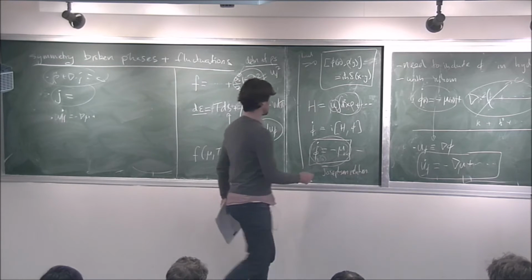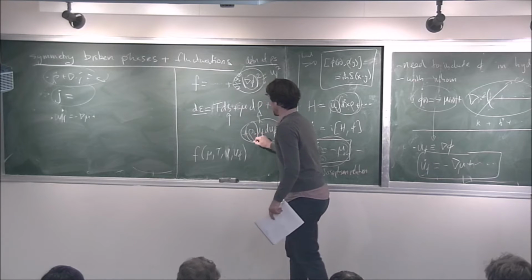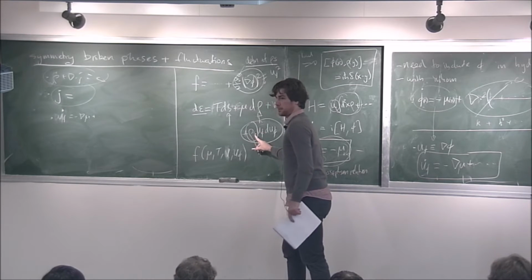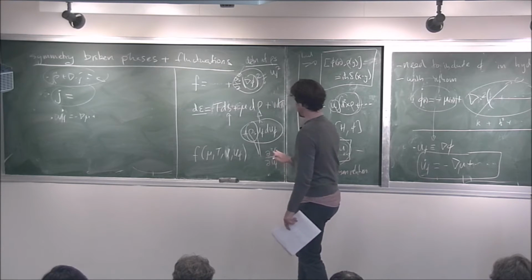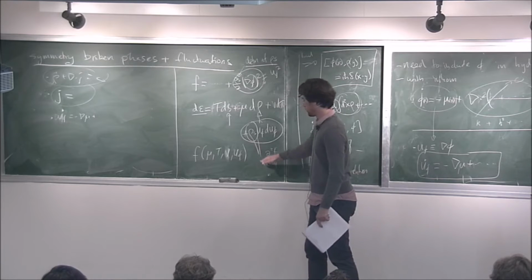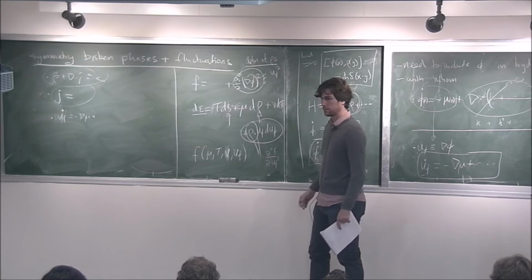But what is true is that this rho s is a susceptibility. This rho s is the second derivative of the free energy, or one over rho s is related to this quantity. So that's really the definition of rho s.